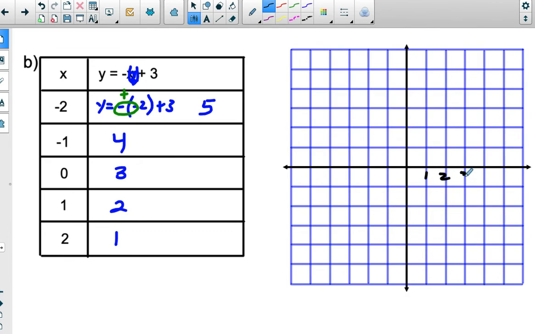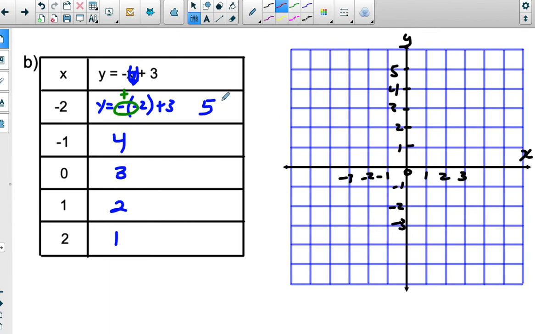So 1, 2, 3 on the x-axis, -1, -2, -3 on the other side, and of course 0 in the middle. On the y-axis, we have 1, 2, 3, 4, and 5, and -1, -2, -3.